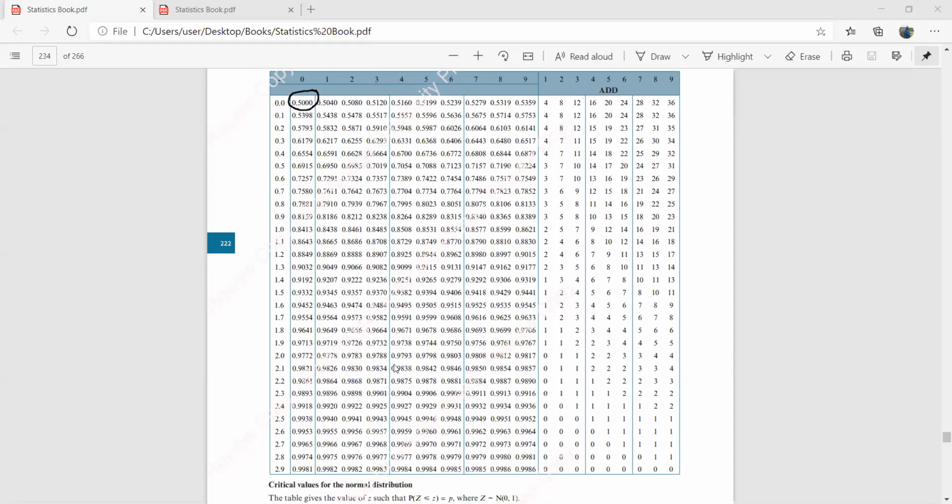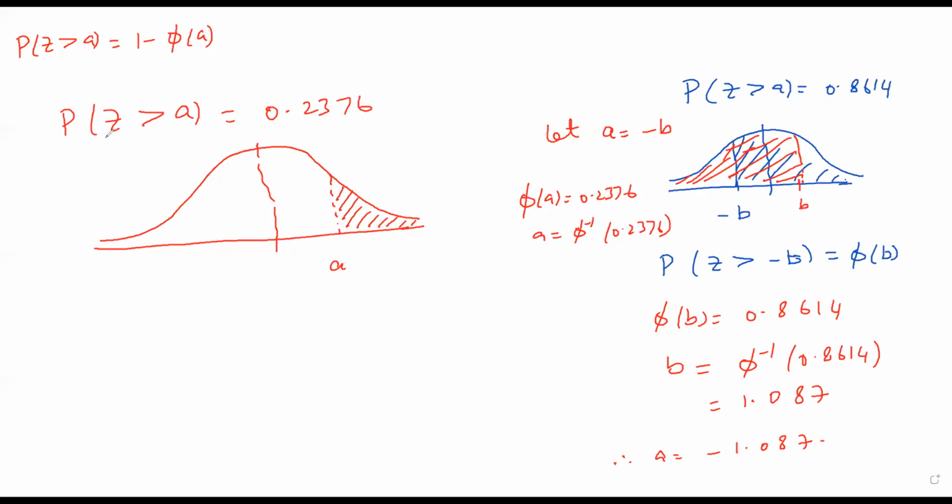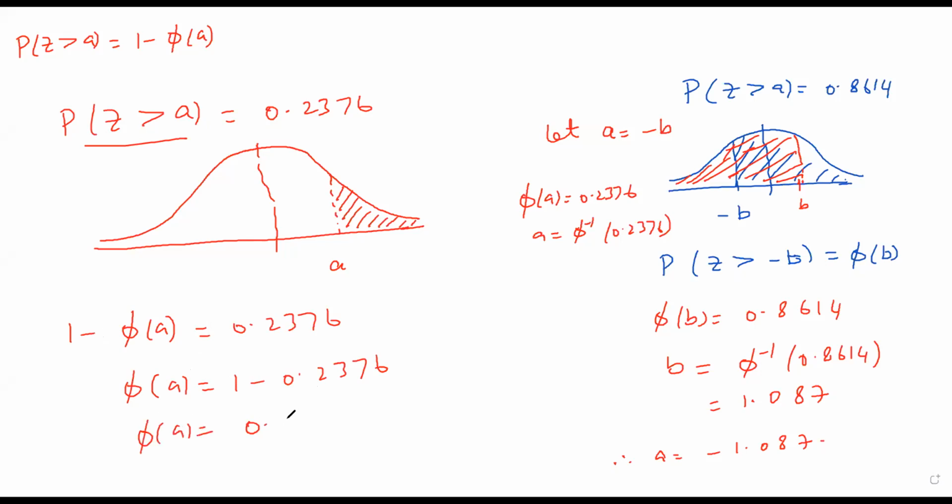So now you have to change this with 1 minus phi of A, that is 0.2376, so phi of A is 1 minus 0.2376. This is going to be 0.7624. So this A is going to be phi inverse of 0.7624.